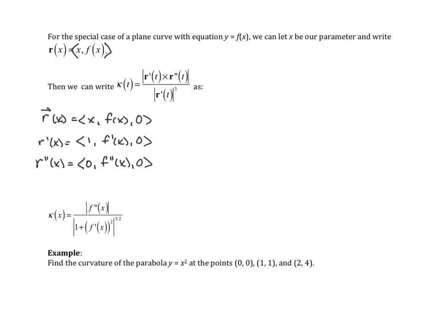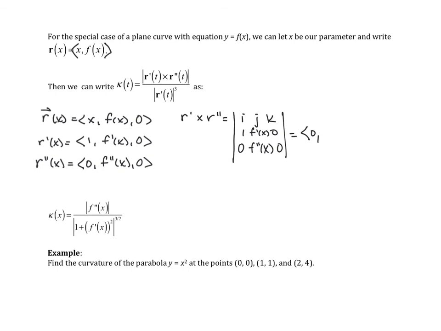So now we need the cross product of this. So if I do r prime cross r double prime, we would get i, j, k, 1, f prime of x, 0, 0, f double prime of x, 0. Okay, so we would get 0 for the first one.